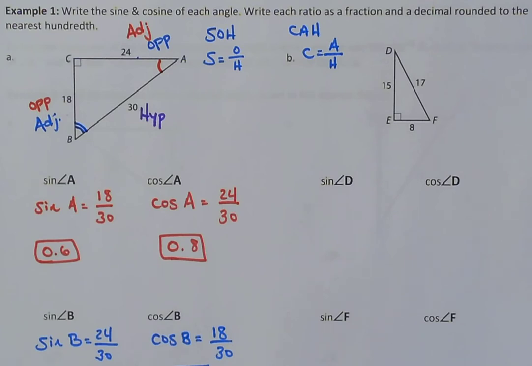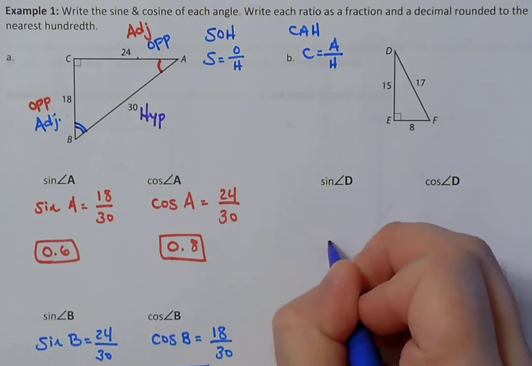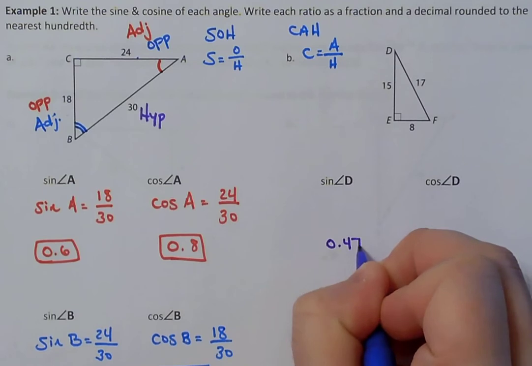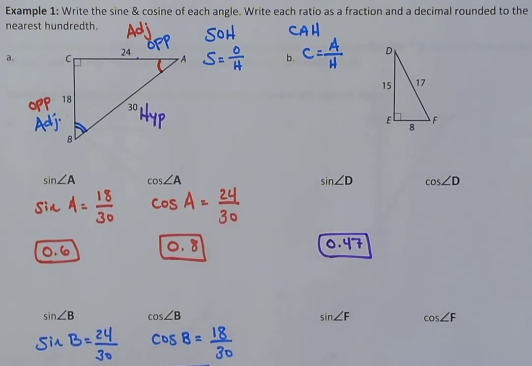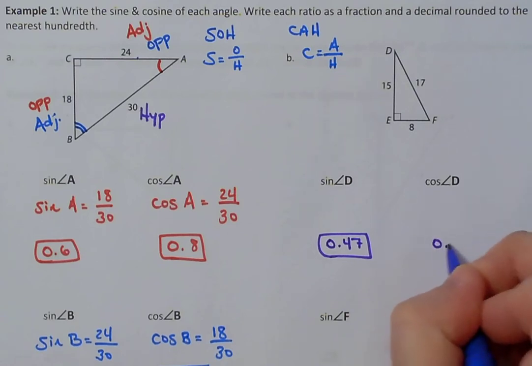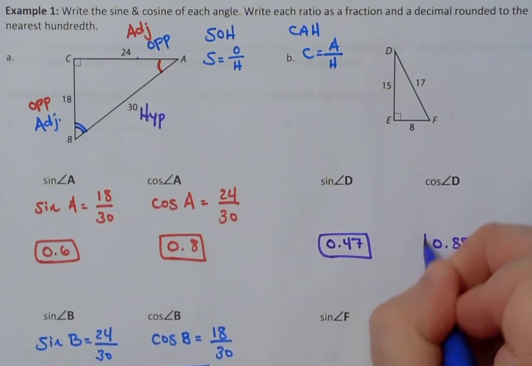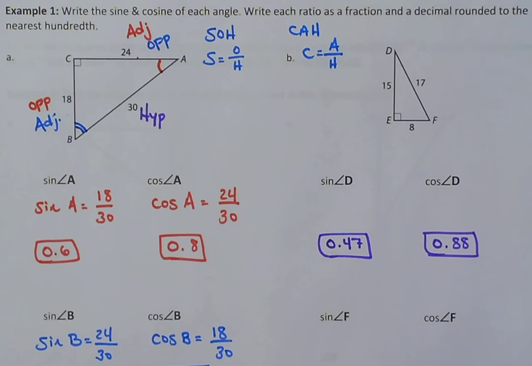If you want to pause and run through it real quick, the sine of D, when you get to your decimal, should be 0.47. The cosine of D, you should get 0.88. The sine of F is 0.88. And then the cosine of F is 0.47.